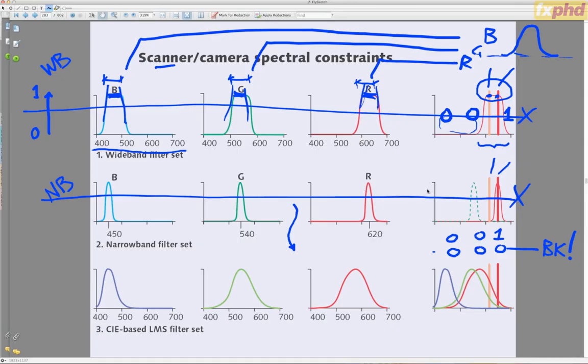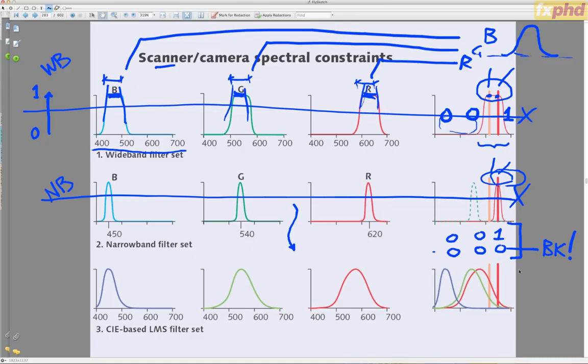And the test is whether the scanner, or for our purposes, what's more interesting is camera, reports different triplets whenever we see those colors as being different. And whenever we see those colors as being the same, the camera reports the same triplet. That's the test.